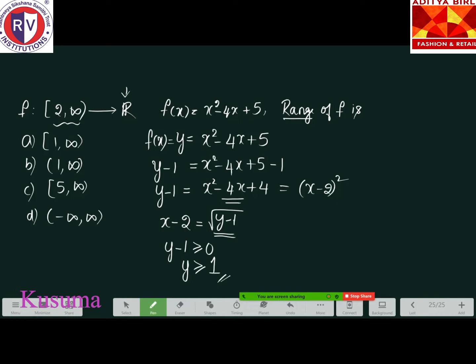The output will always be greater than or equal to 1. Therefore, y belongs to the interval 1 comma infinity, right? Including 1, because there is equality here. Y will be greater than or equal to 1. Therefore, 1 will also be a point in the interval. So y belongs to 1 comma infinity, including 1. So which is your option A?